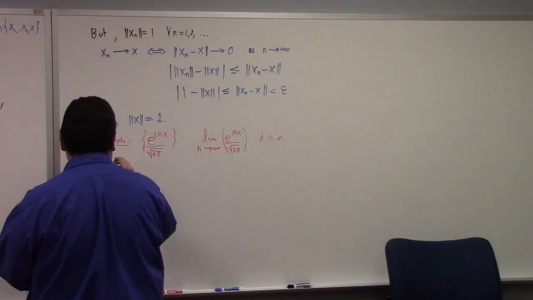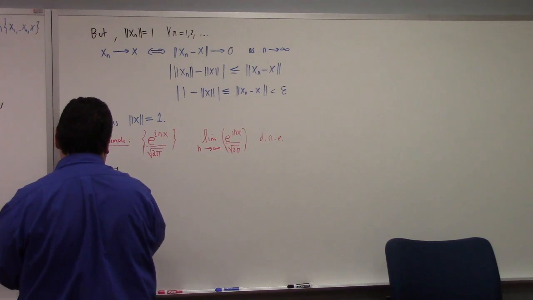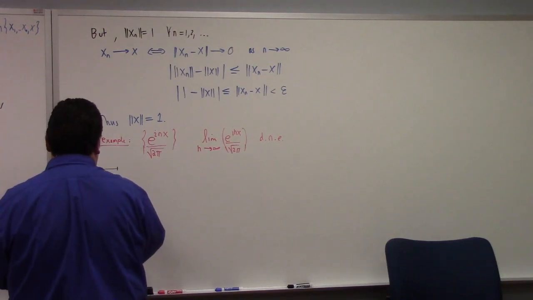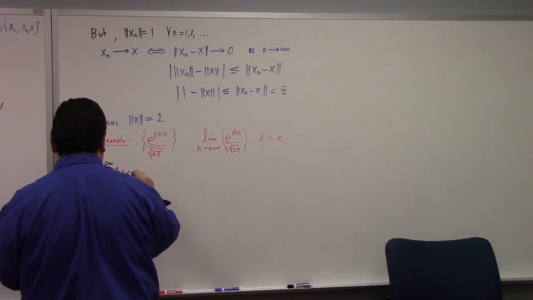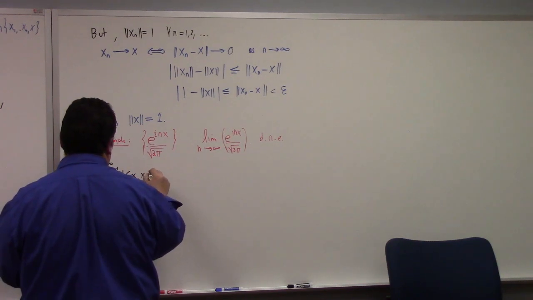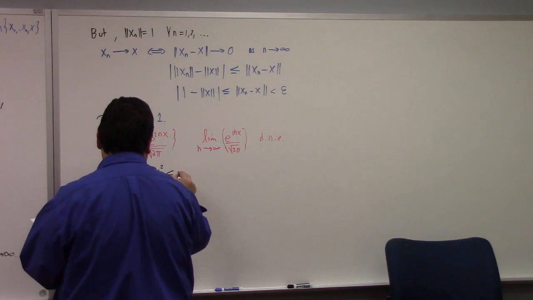I'll write it again here. So the sum k equals 1 to infinity of the absolute value of the inner product of x with xk, absolute value squared, is less than or equal to the norm of x squared.